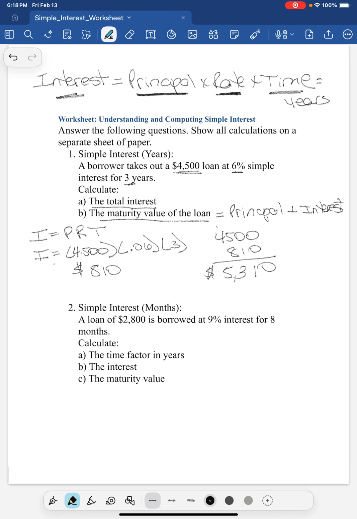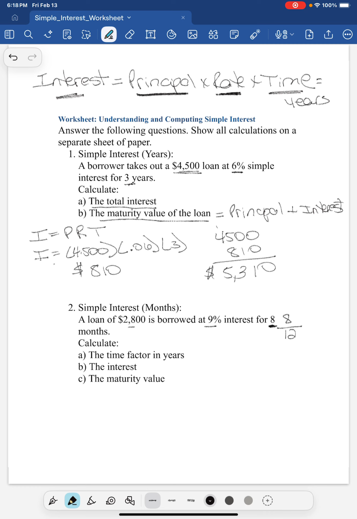Now, this one is just a tiny bit more complicated because it's not a full year. It's an 8-month loan. We still have our principal that works the same and our rate, but how do we figure out what to use in our formula here? All you do is you make a fraction, and 12 is going to be at the bottom if you're dealing with months, because how many months in a year? 12.